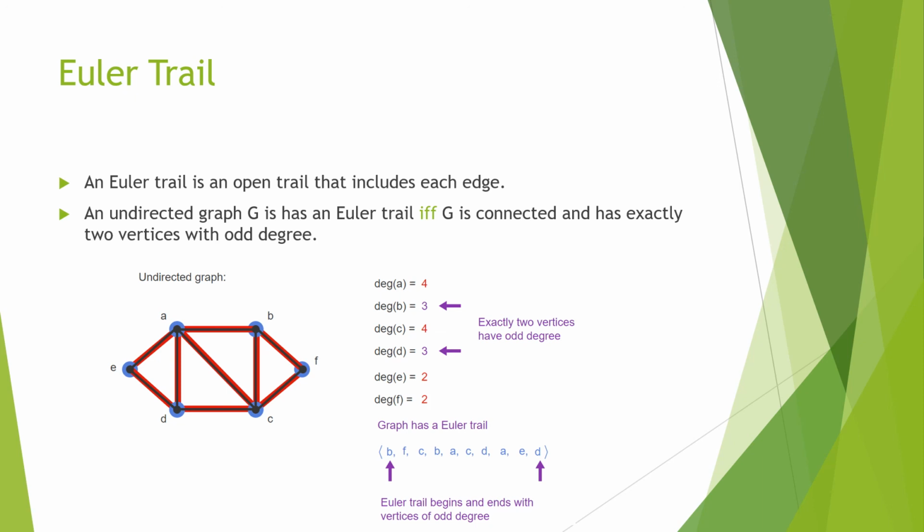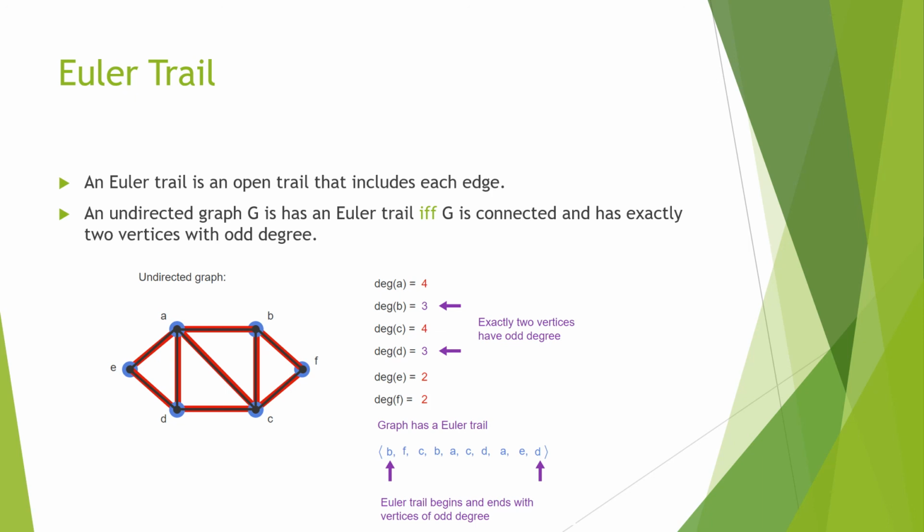It's an open walk, and it's a trail. Why is it a trail? Because there are no repeated edges in this walk, and it is called the Euler trail because every edge is participating in this trail.